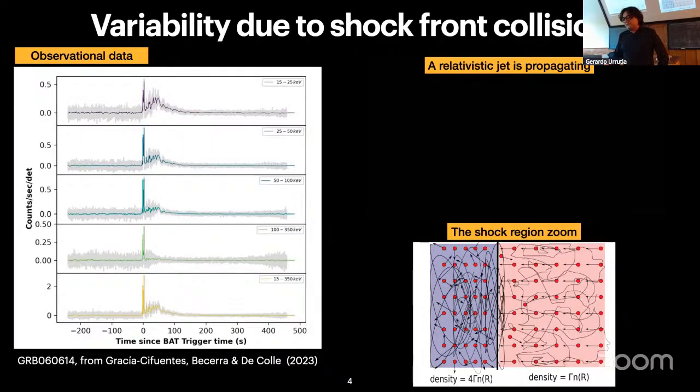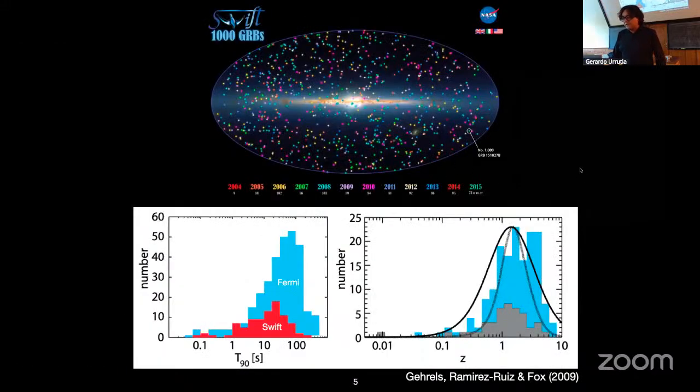In this plasma, the available electrons start emitting at high frequencies, and one of the emissions is gamma rays.